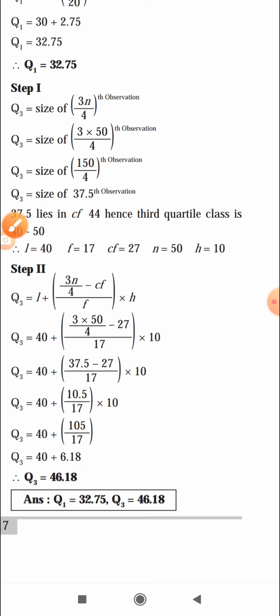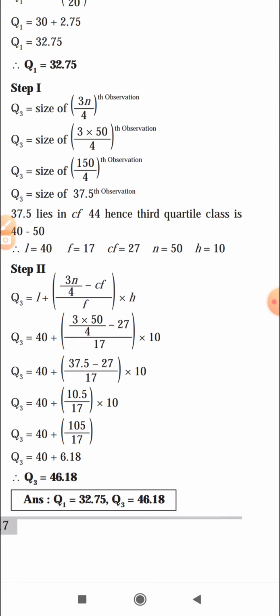So this is all about the grouped series. In case of continuous series, first we find out the value of quartile, in order to decide the quartile class.